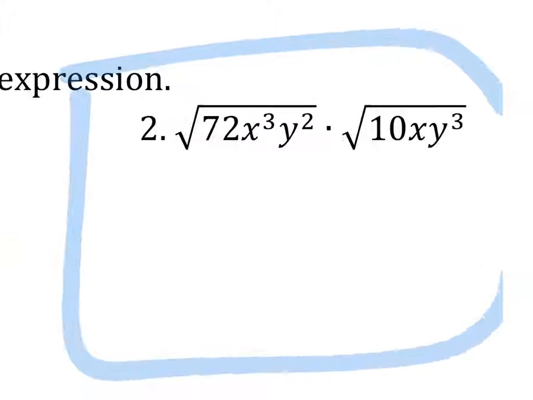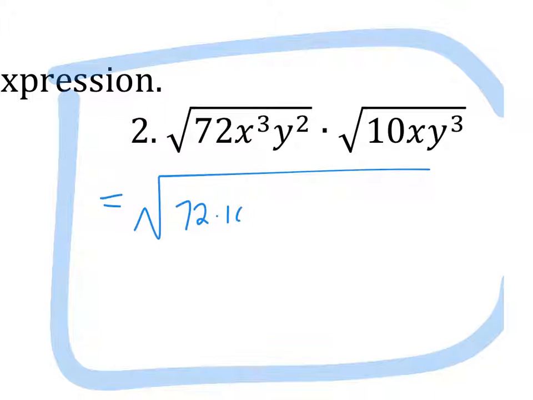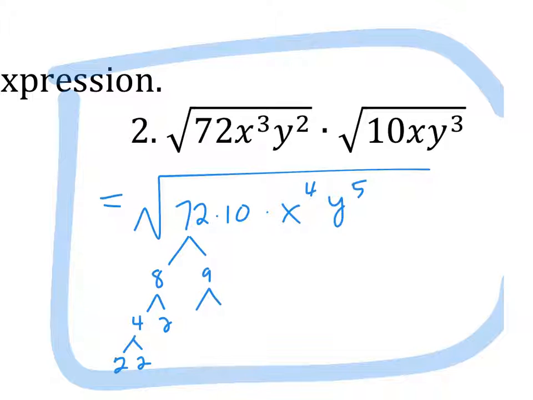Okay, first of all, check the index, make sure we can multiply, which we can. It's much better if you don't multiply the numbers together. Now do a factor tree. 72 is 8 times 9. 8 is 4 times 2, which 4 is 2 times 2. 9 is 3 times 3. 10 is 2 times 5.